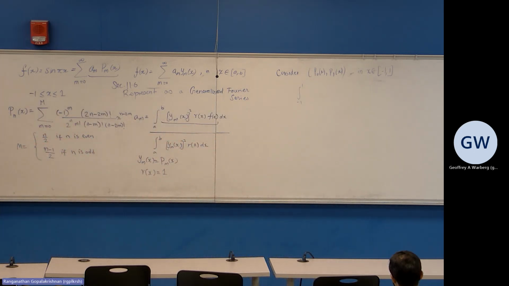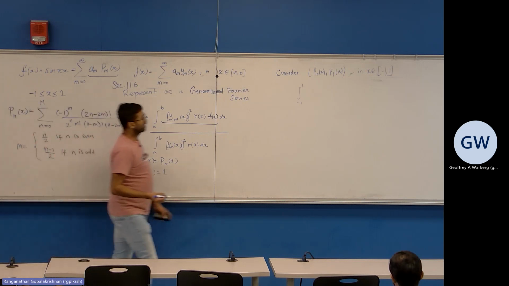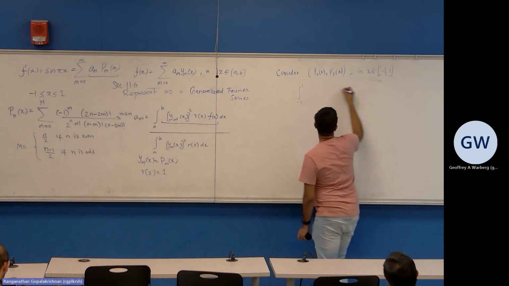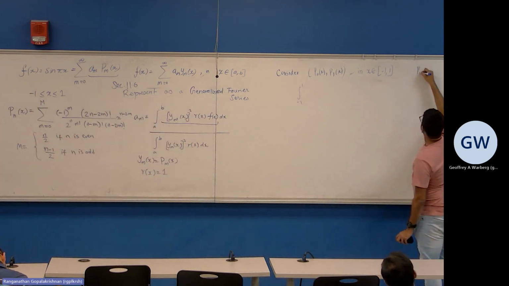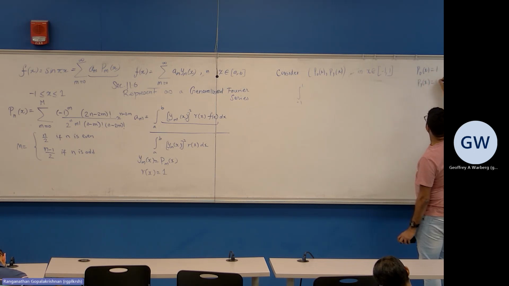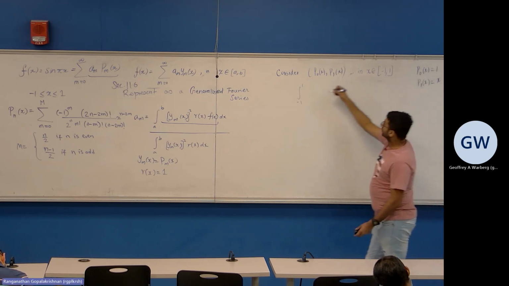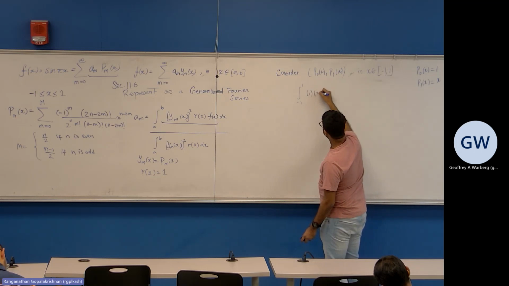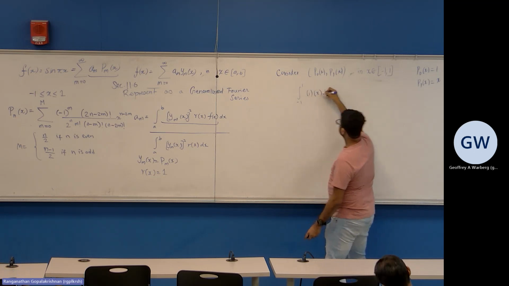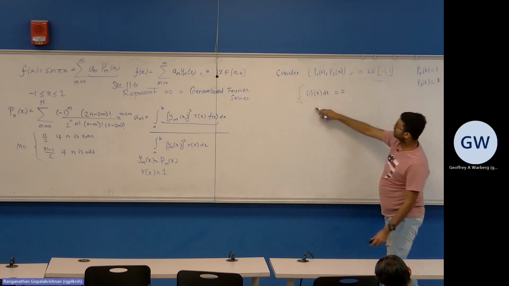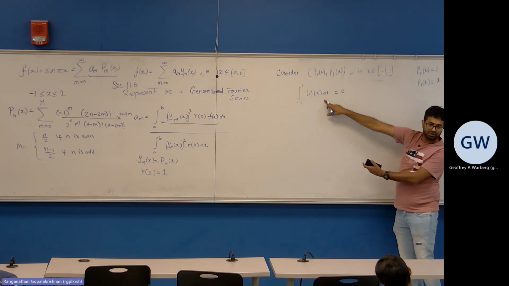You can look that up. The first few Legendre polynomials are really simple functions. P0 of x is 1, and P1 of x is x. So really simple, 1 times x dx, which is obviously 0. It's an odd function.